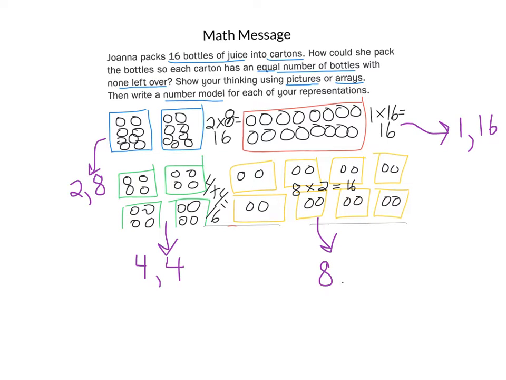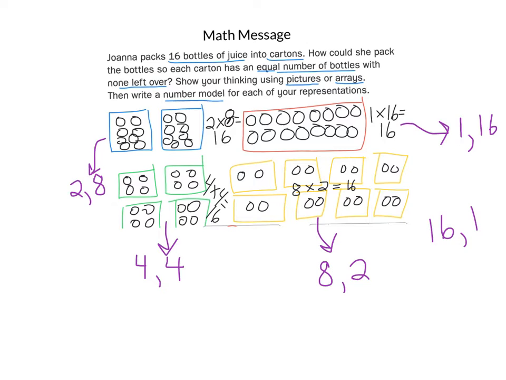So we're going to have an 8 and a 2. Now you might notice, Mrs. Denowden, you forgot that one that you said about 16 cartons and 1 in each carton. So I'll put that right here. It's 16 cartons and 1 bottle in each carton.